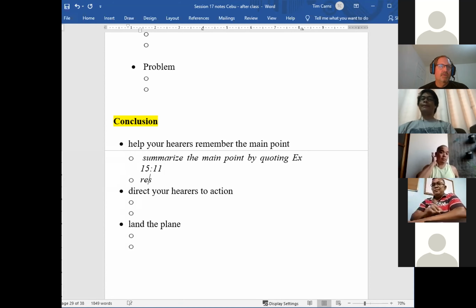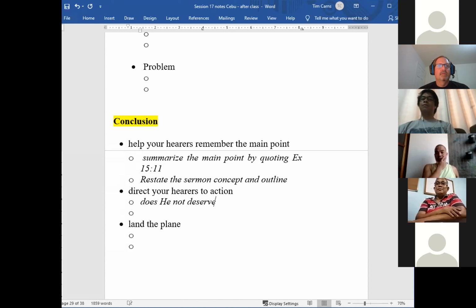Or, restate the sermon concept and outline. Then any ideas to direct the hearers to action, maybe ask some questions again. Does he not deserve our worship and our service?